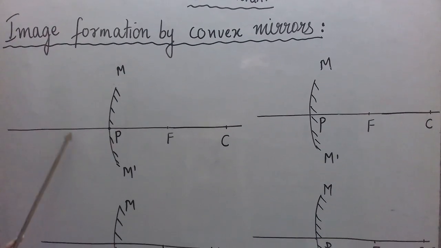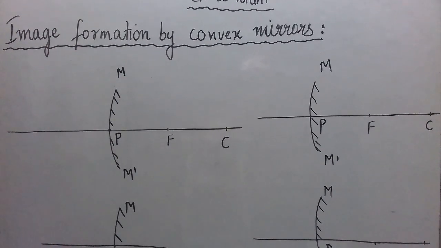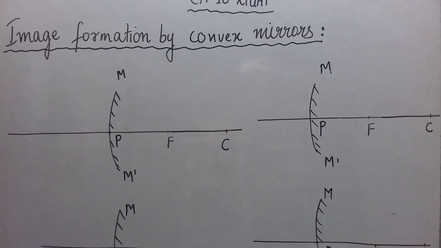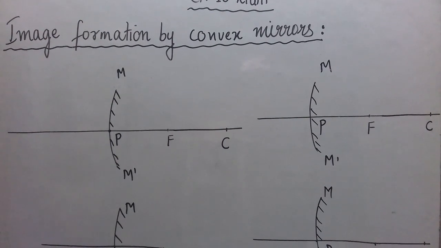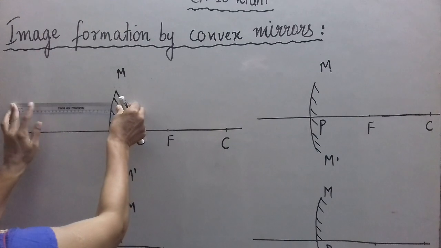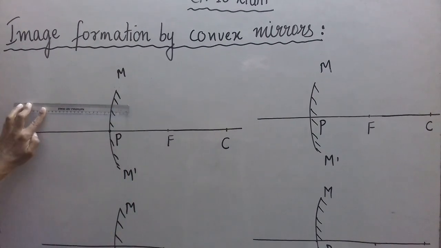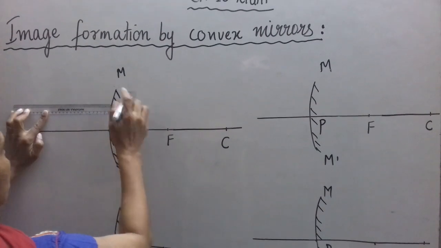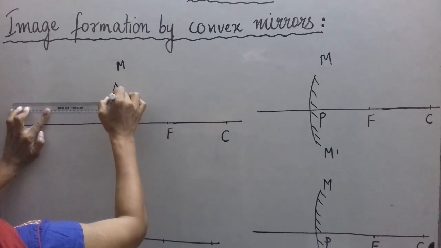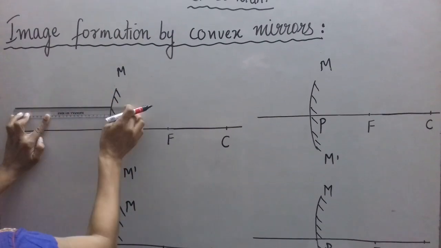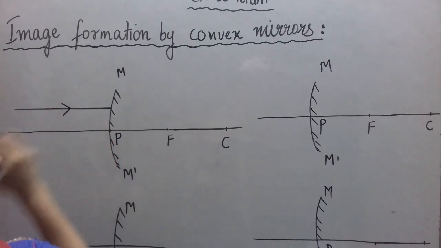Now let us see how to draw the specific incident rays and get the reflected rays. Let us consider this first case. One type of ray that we have used before is a ray which is drawn parallel to the principal axis. So I have drawn a ray which is parallel to the principal axis.